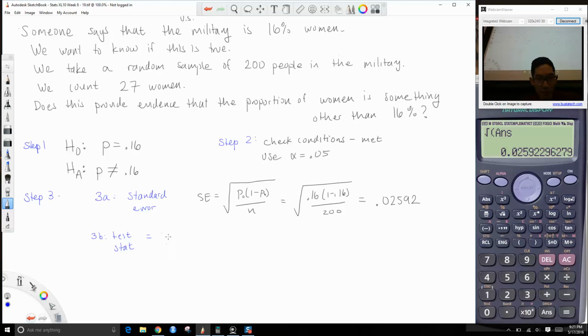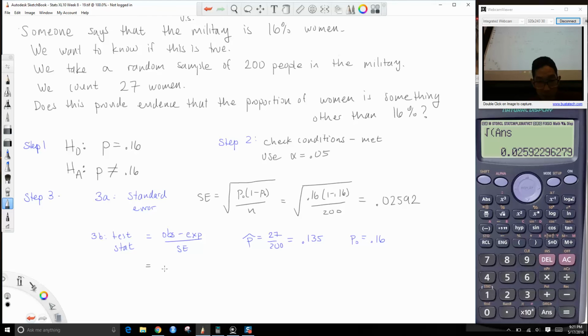Okay. So the test statistic is the reality versus the expectation, or the observed minus the expected, divided by the standard error. What is the proportion that we observed? 0.135. Yes, our p hat is 27 divided by 200, or 0.135, and our P0 is what's written in the problem.